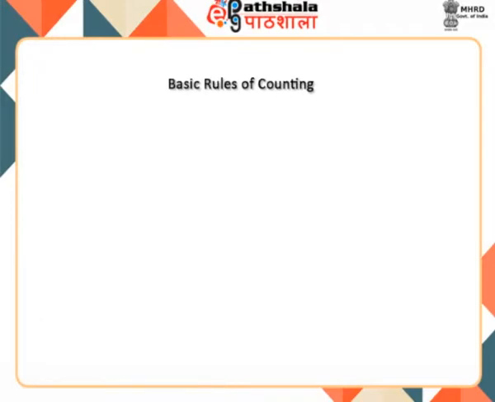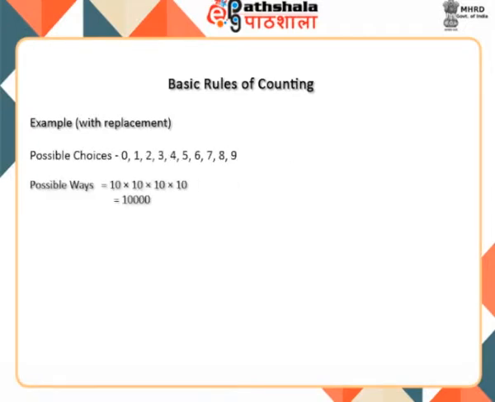Now consider an example of selecting elements with replacement. Suppose you want to choose a 4-digit PIN code for your debit card and each digit takes a number from 0 to 9. Then the first digit has 10 possible numbers to select from, and so do the second, third, and fourth digits, with replacement.